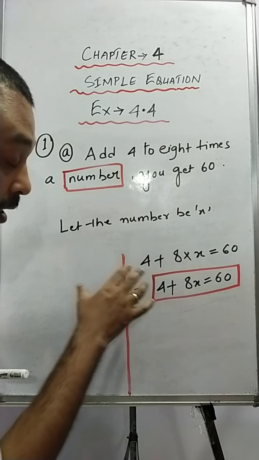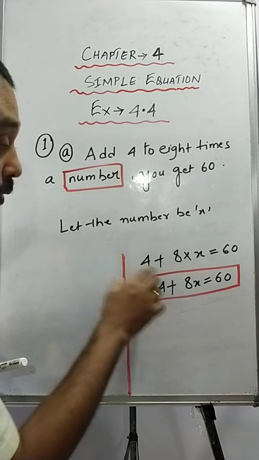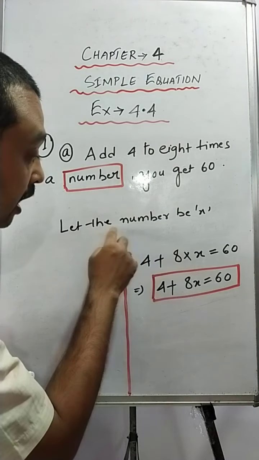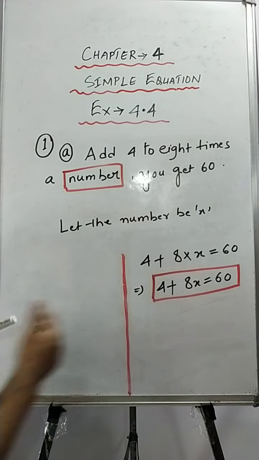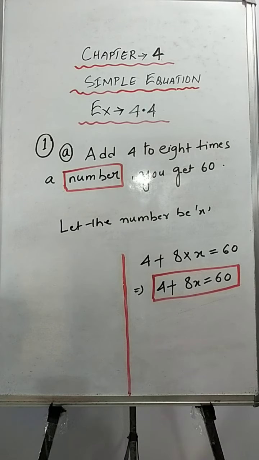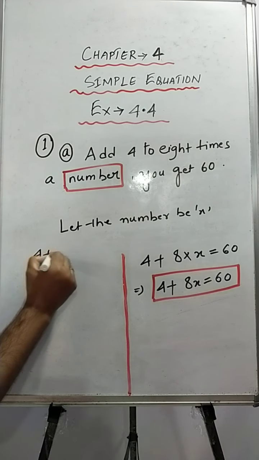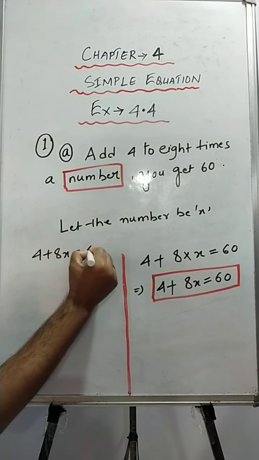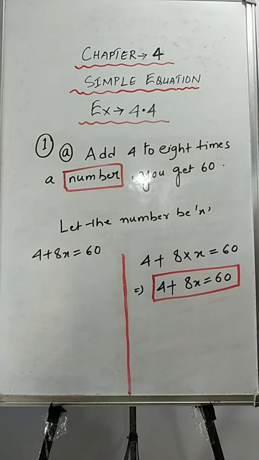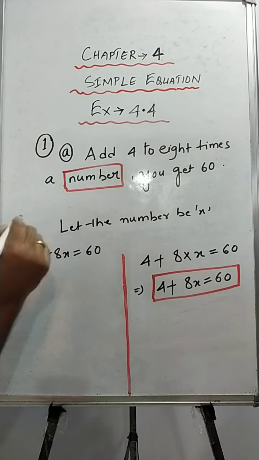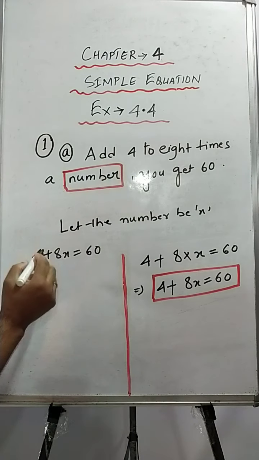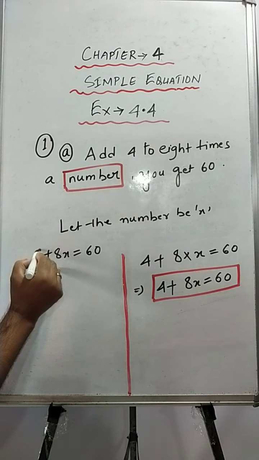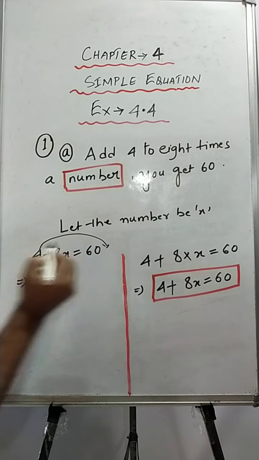Now the next step is you have to solve the equation for x because we have to find the unknown number, isn't it? So we will write the equation here: 4 plus 8x equals 60. Now what is the first thing that we have to transpose? I hope you remember, it is the number which is carrying a plus sign. So this number will go to the right hand side.